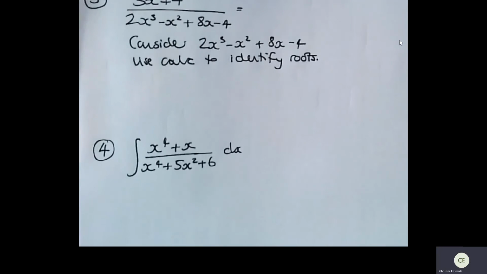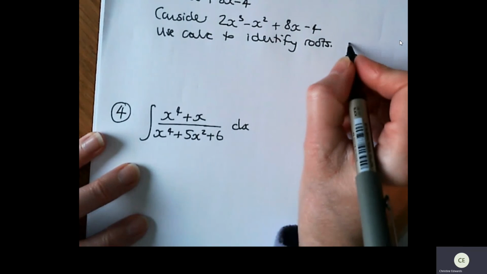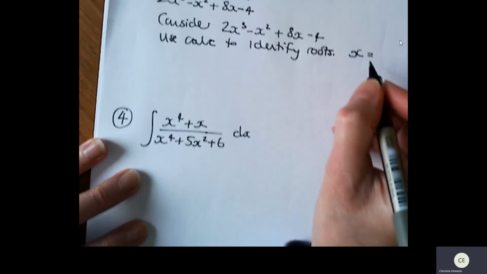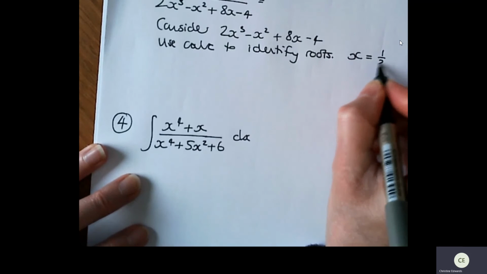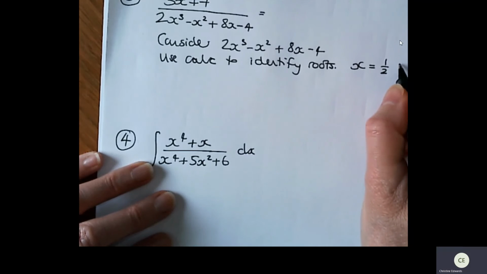Okay, in this case, we have roots of x equals a half, and also plus and minus 2i.